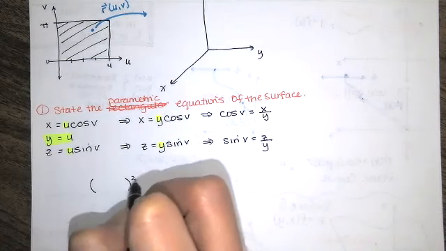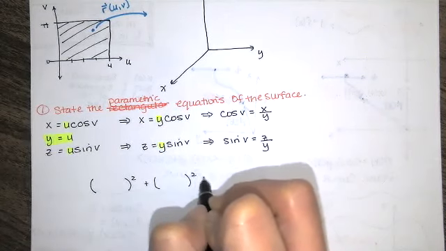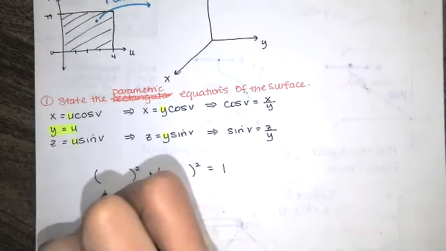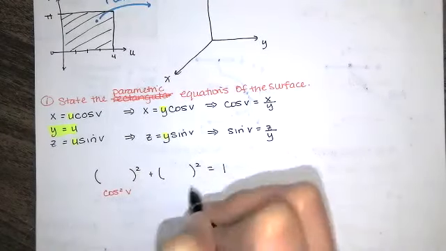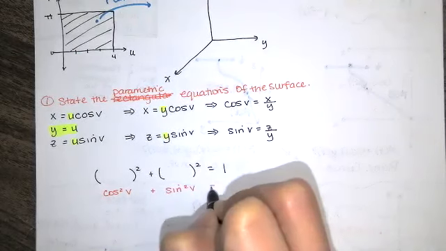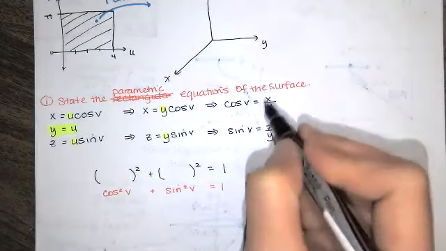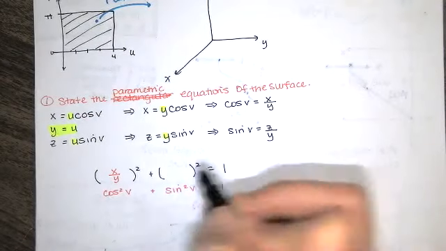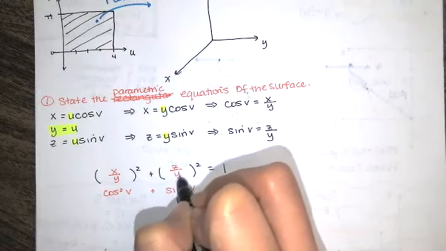We've got cosine squared plus sine squared equals 1, and I'm replacing cosine of v with x over y and sine of v with z over y.